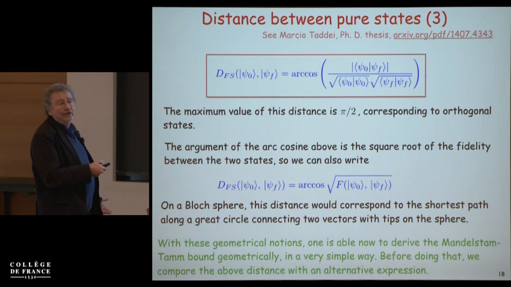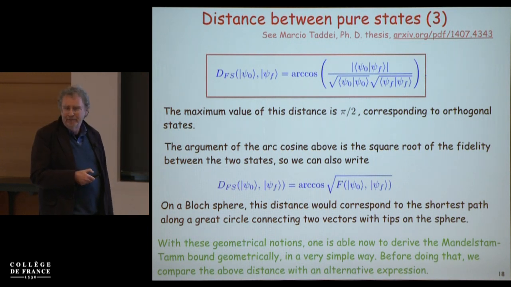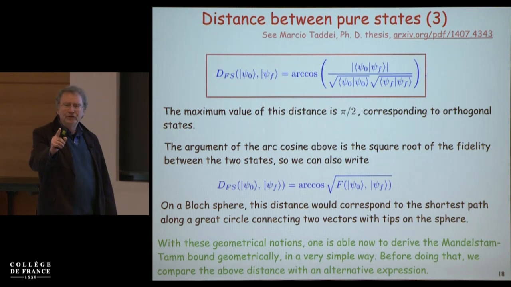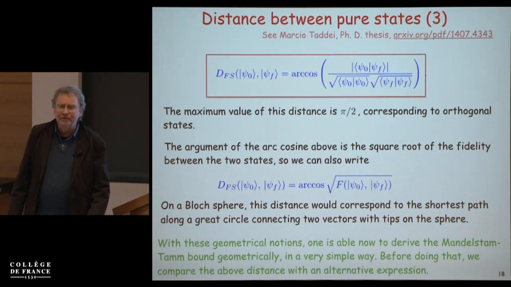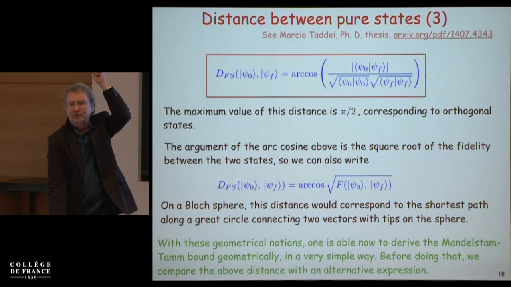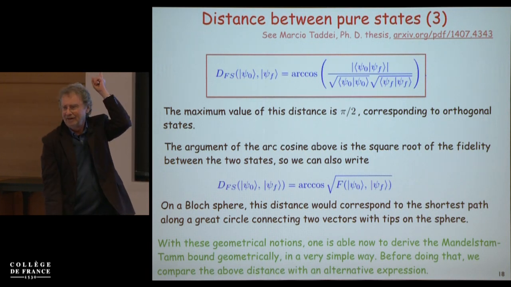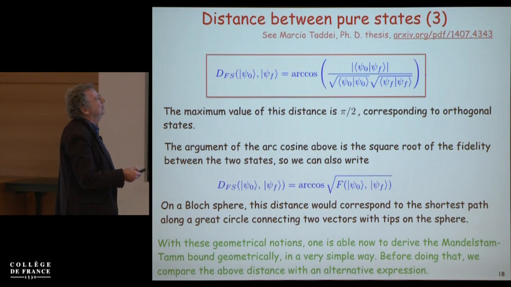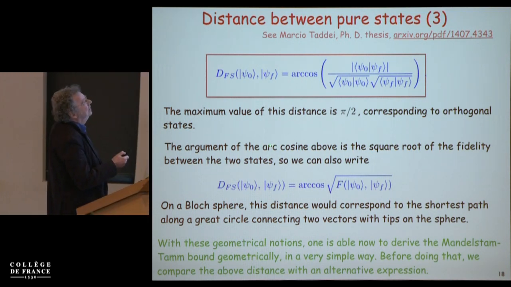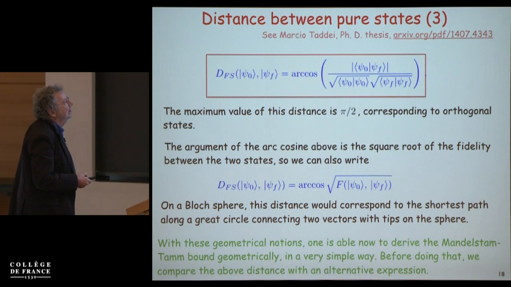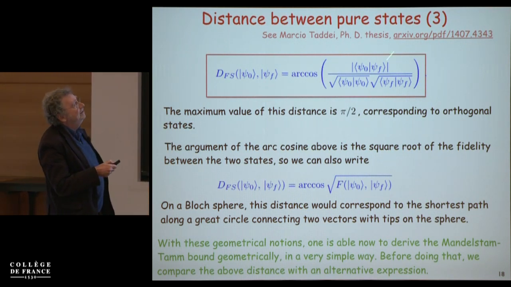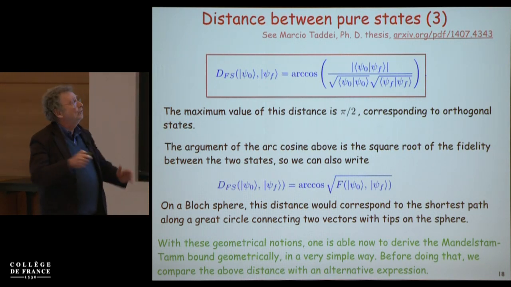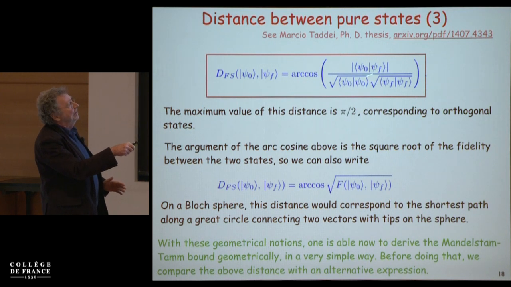So this is the normalization, if you want, of the Fubini-Study metric. It's not intuitive for those who like a Bloch sphere because this is orthogonal to that and it looks like pi is the angular distance, but that's the normalization used here. Now, this argument of the cosine is actually the square root of the fidelity. The fidelity is just the square of the overlap of psi 0 and psi f, if they are normalized.